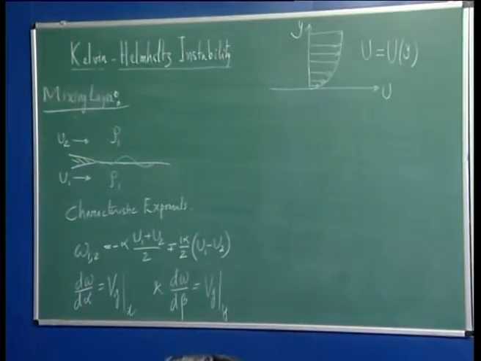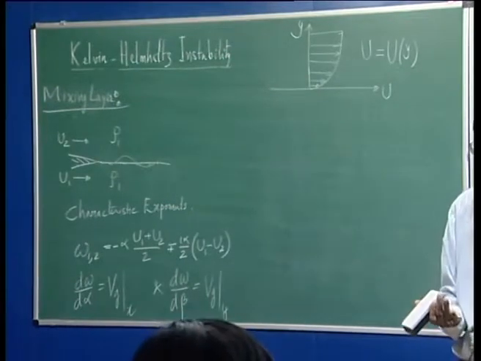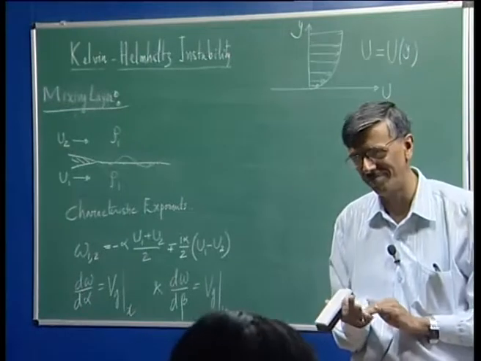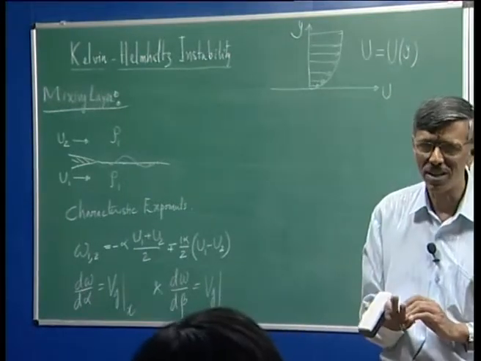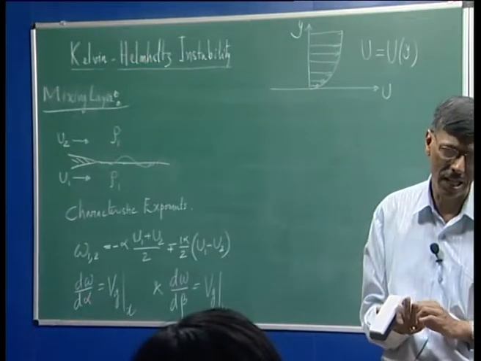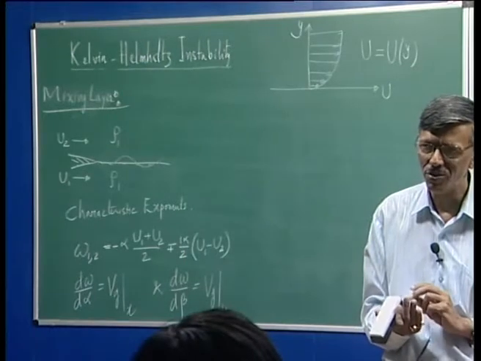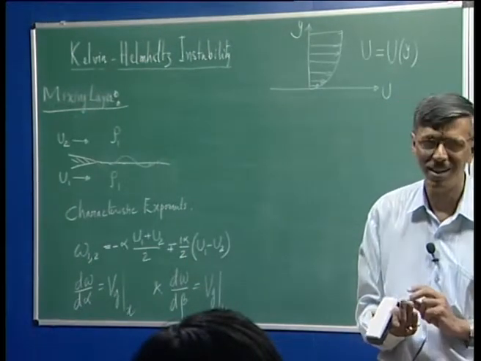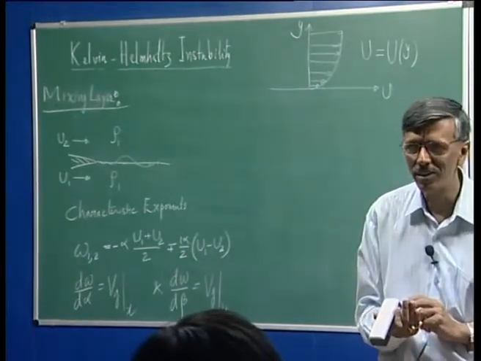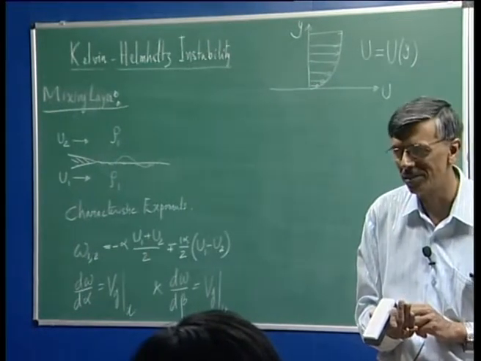Now the question is, when you have shear, what happens to the disturbance field? This is where actually a philosophical decision was made. This is something we call a paradigm. The paradigm at that point in time, in the mid-19th century, was the following: the shear is caused due to what?